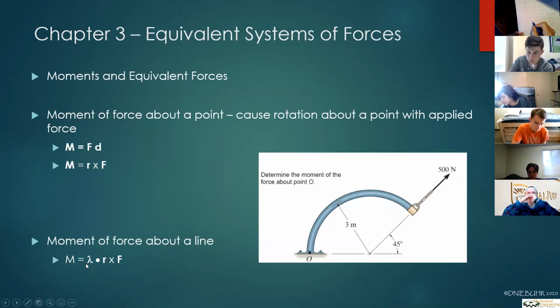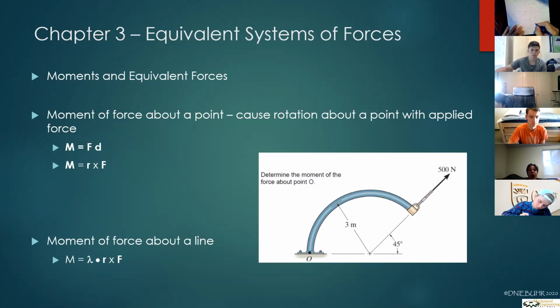Schematically, if I have this force out here, that's my force, that's my R vector, and that's my point.